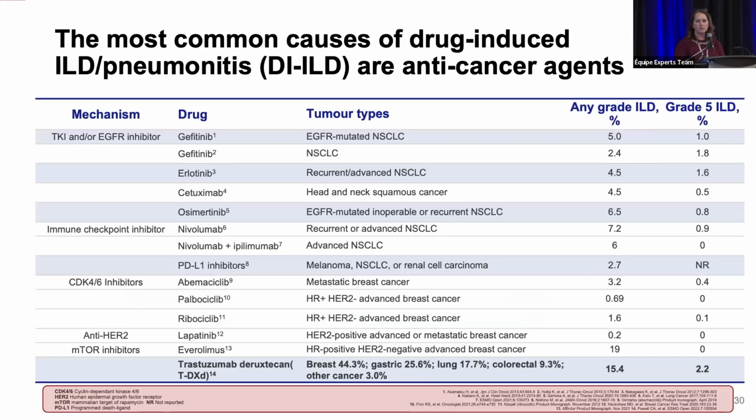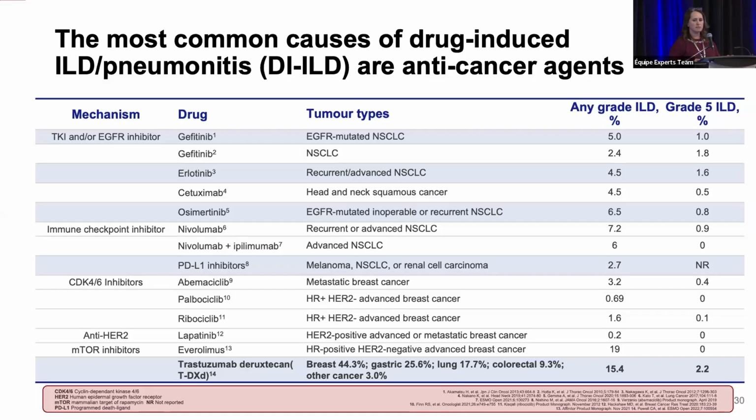So the most common causes of drug-induced ILD are anti-cancer agents, in fact, and we're using so many more of them in many classes. So you'll see here just a non-exhaustive list, but any grade ILD sort of runs somewhere in the range of 1% to 5% for the most part.